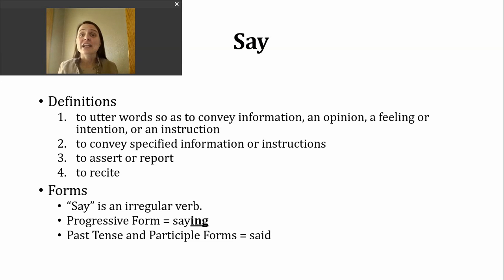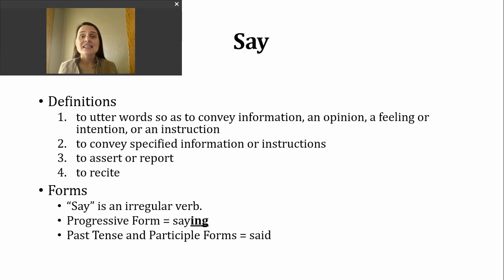Say is an irregular verb. If we want to make the progressive tense, all we need to do is add ing. And I might have a few students who are watching this and wondering, but Katie, this verb ends in a consonant, vowel, consonant. So why aren't we doubling the last consonant?